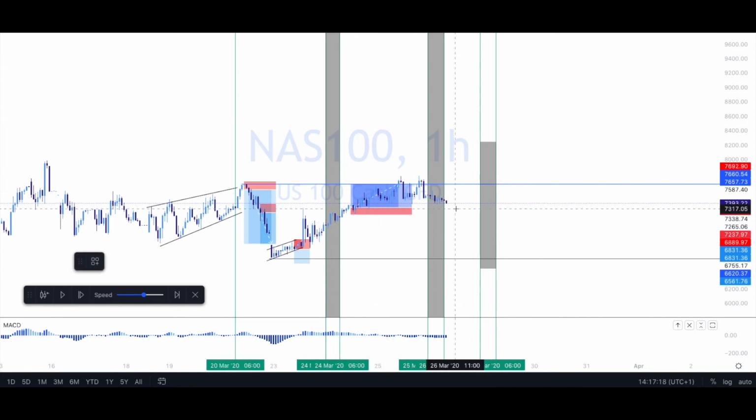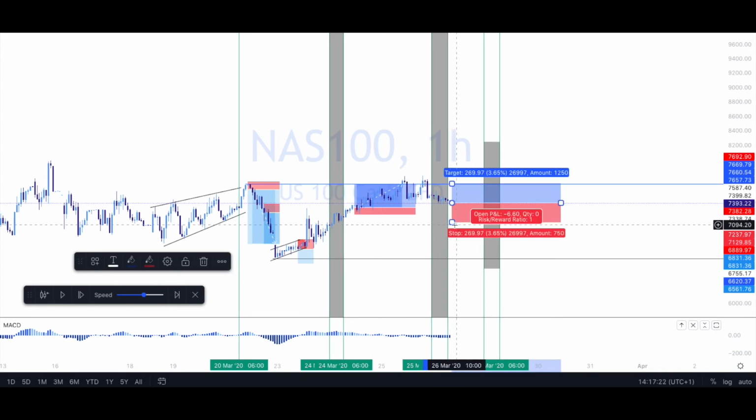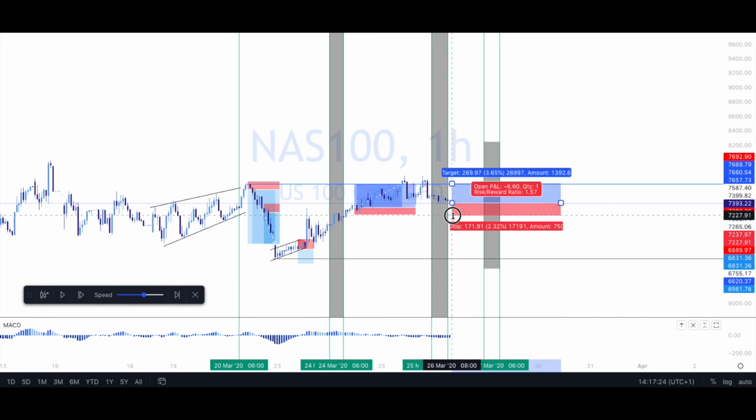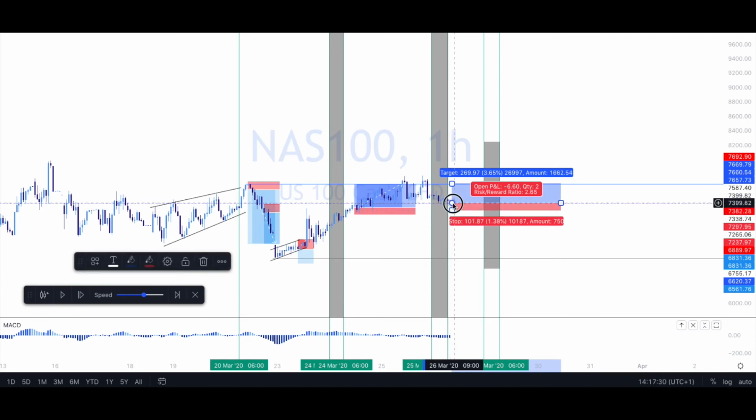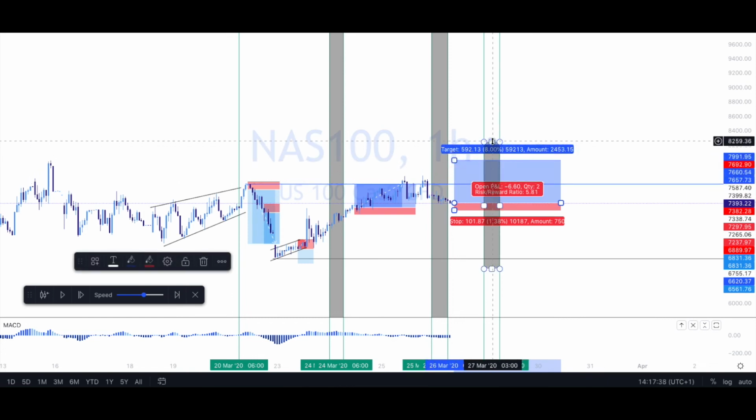We're going to do 100 pips. It's going to be a pending order. I'm going to do that right here. Pending. Drag this up here.